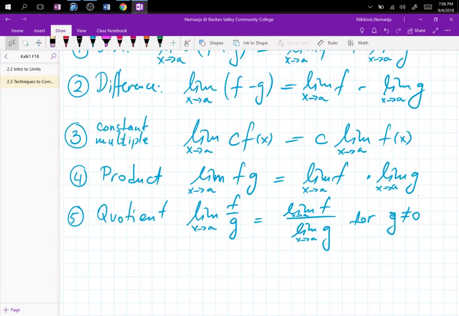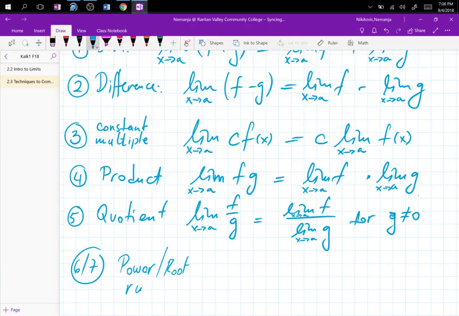And I'll put 6 and 7 together. The power rule and the root rule.